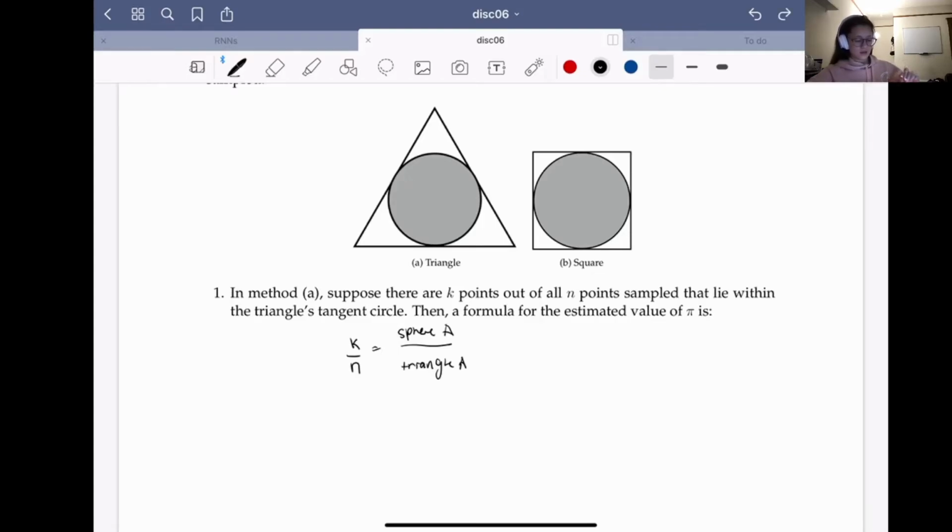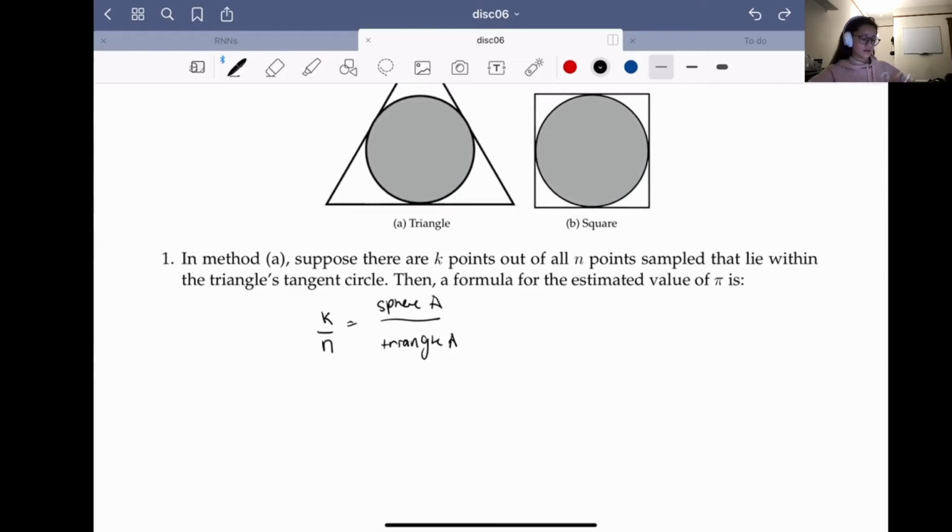Intuitively, if the area of the circle is really small, say just a really small circle inside here, then this ratio is going to be a lot smaller because it's a lot less likely to sample some point within this small circle.